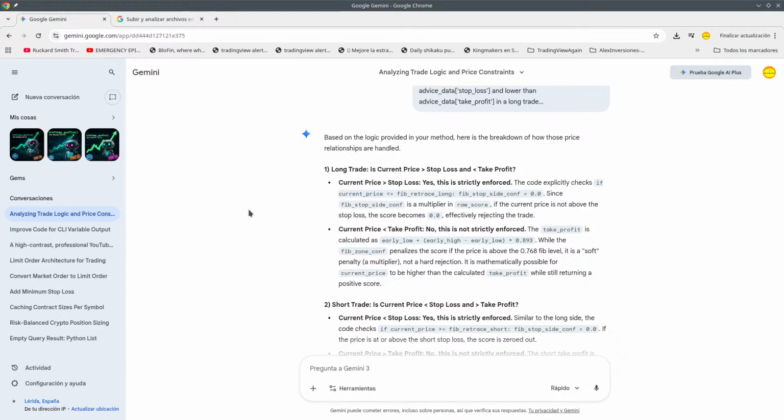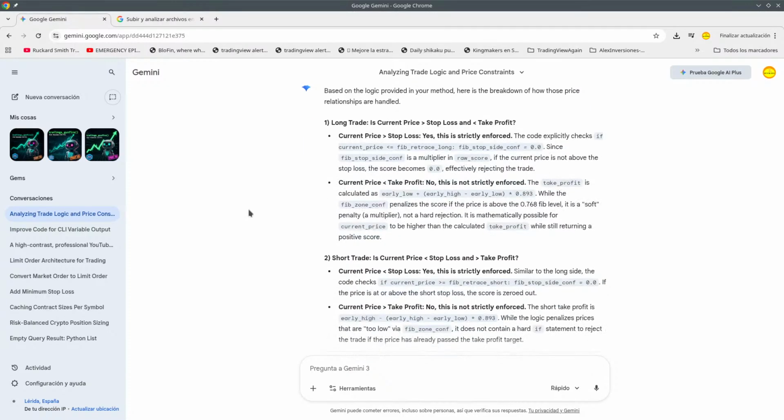Since fifth stop side conf is a multiplier in the score, if the current price is not above the stop loss, the score will effectively reject the query. Okay.